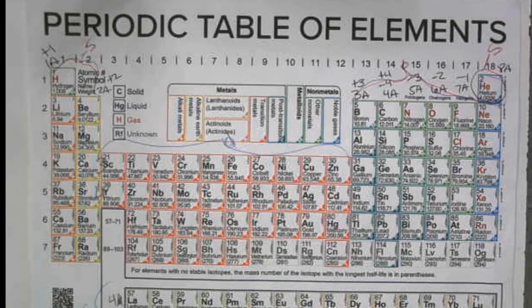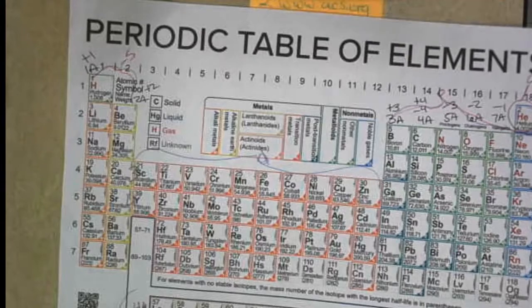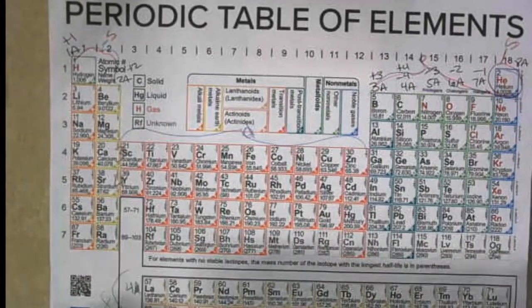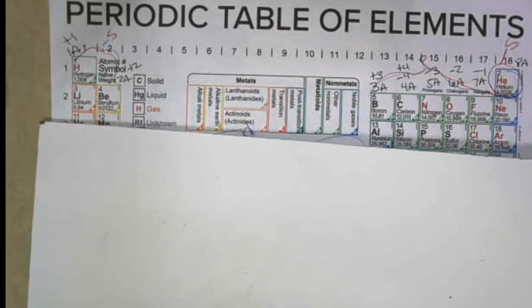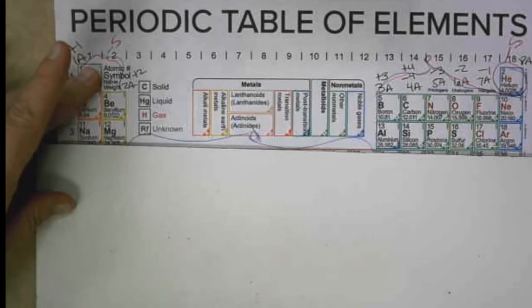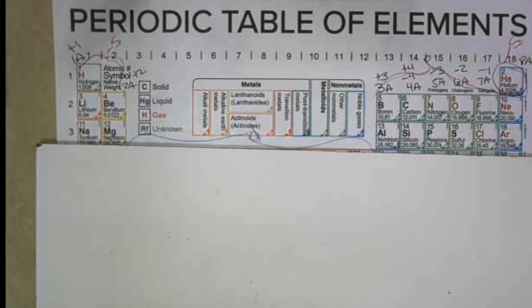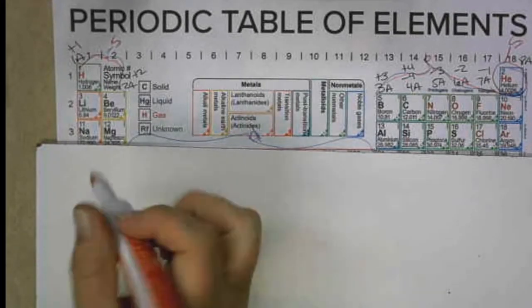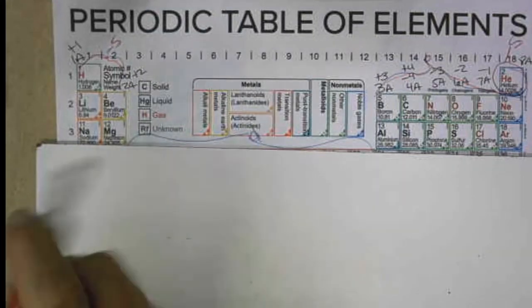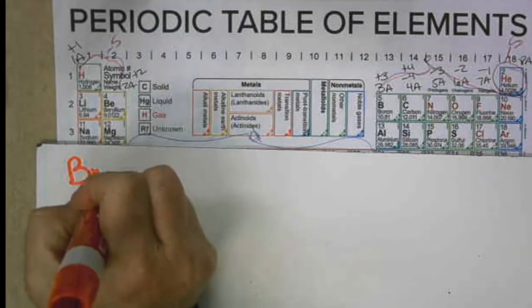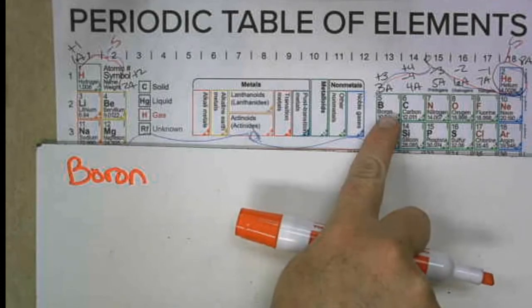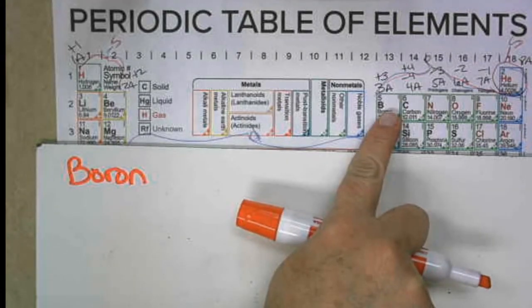All right, so our first one we're looking for is boron. I'm going to cover up the rest of them so you don't get too confused. Remember, the first step is to identify where this is. Boron right here is number 5. So the first step is to locate it.